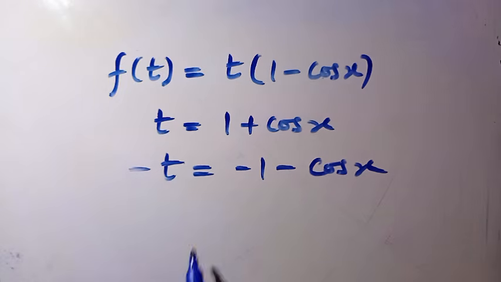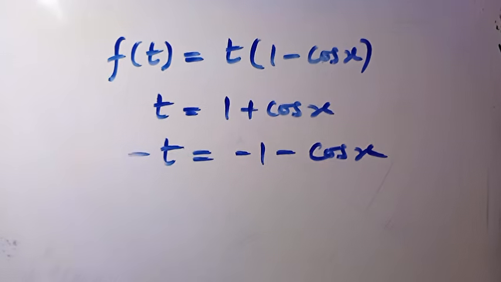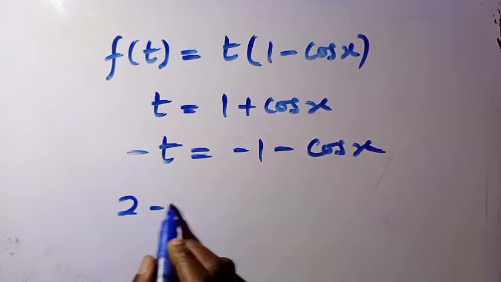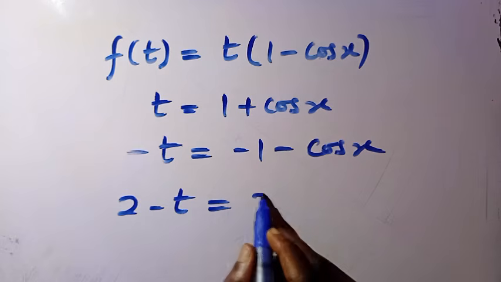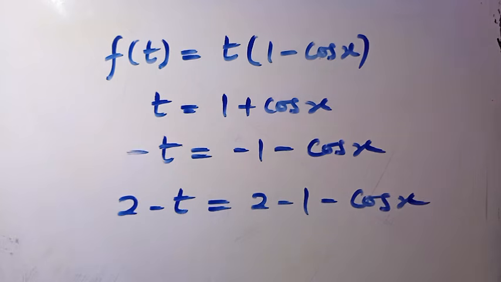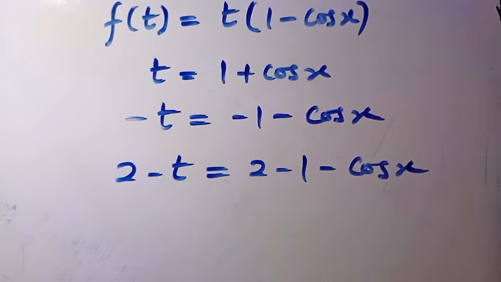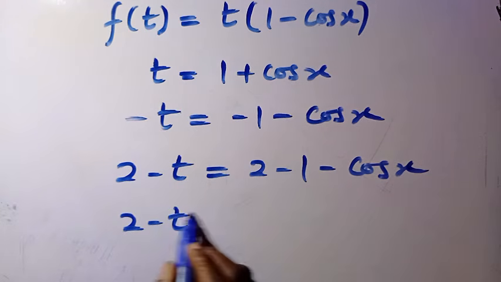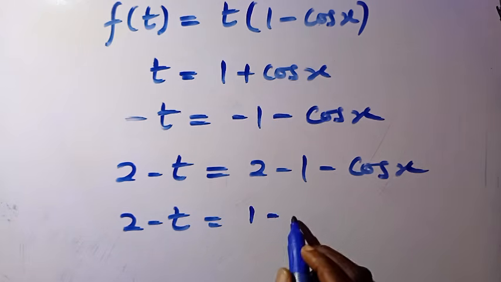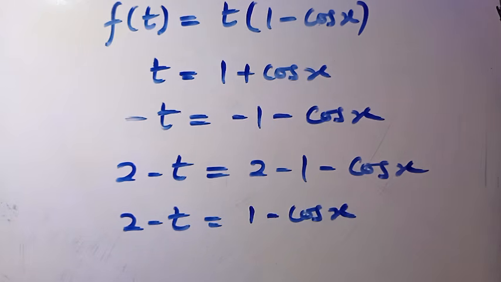Let me add 2 to both sides. So by adding 2 to both sides, we have 2 minus t equals 2 minus 1 minus cos x. Then we have 2 minus t equals 2 minus 1, which gives us 1, then minus cos x. Makes sense? It means we have gotten the 1 minus cos x that we need.